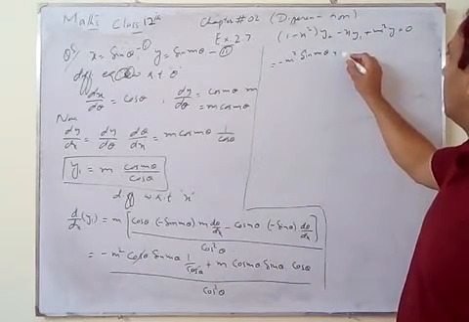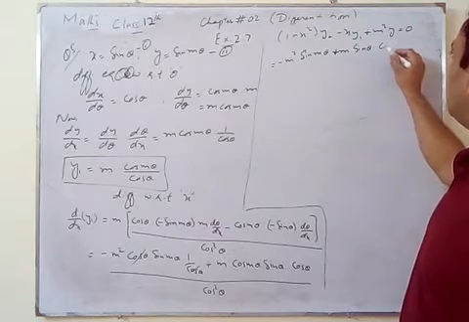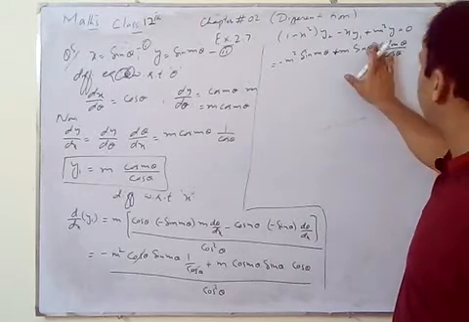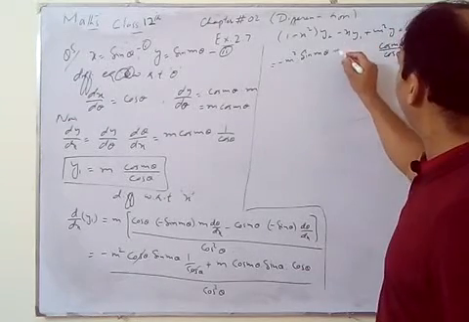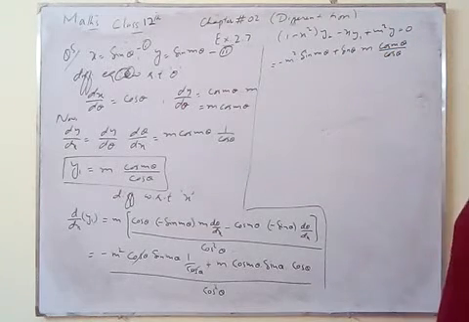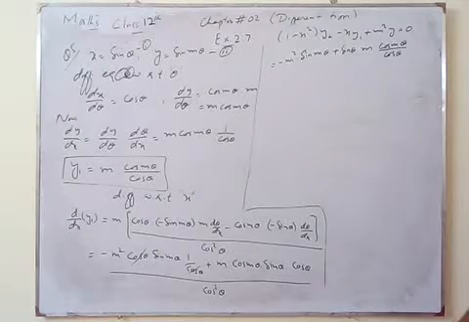plus m sin theta into cos m theta divided by cos theta. I can write this as plus sin theta into m cos m theta divided by cos theta. Why am I writing this?